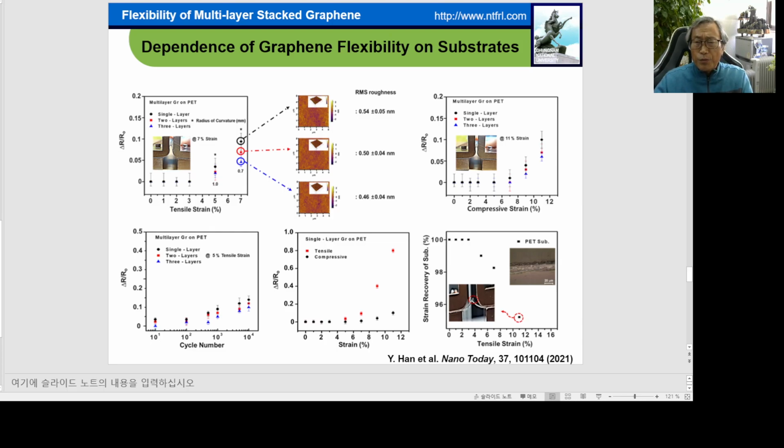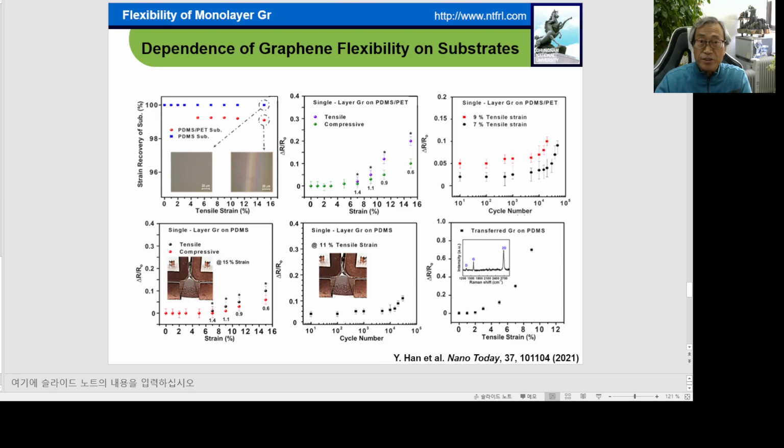But first of all, I want to check the flexibility of graphene by the substrate. This is the PET substrate only. This is a bending strain at 11% tensile strain. After the force is removed, the PET substrate is not recovered. This is a bent state. This is very interesting for the influence on graphene's flexibility.